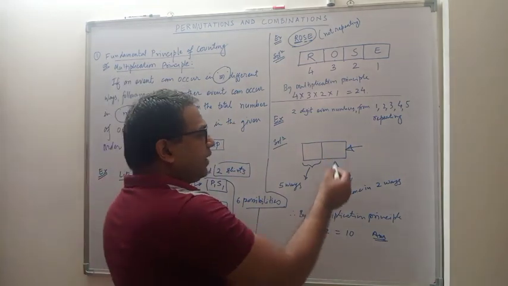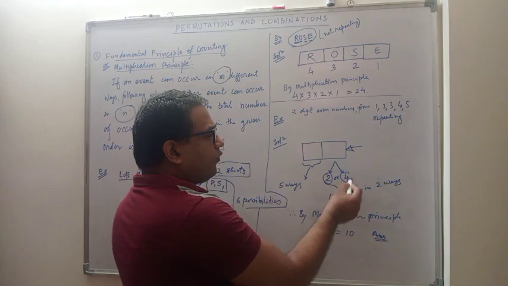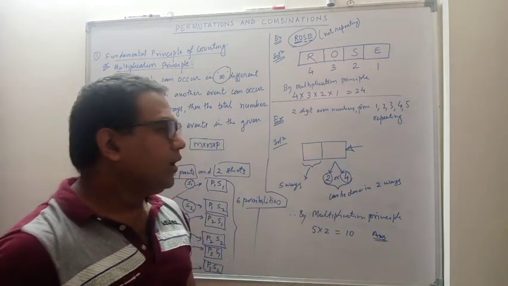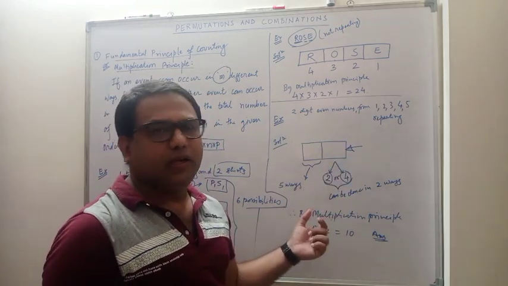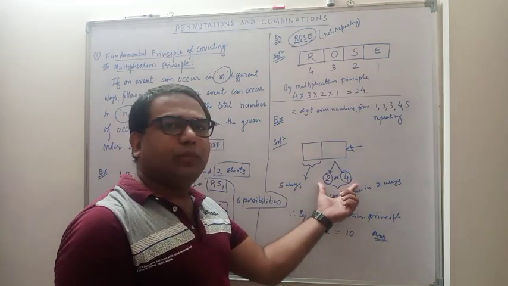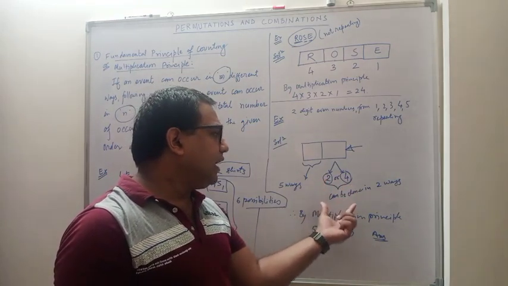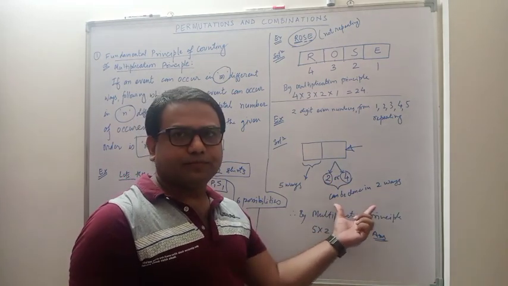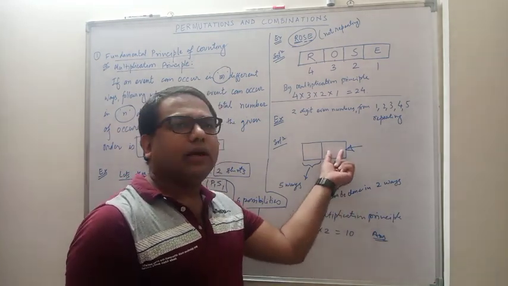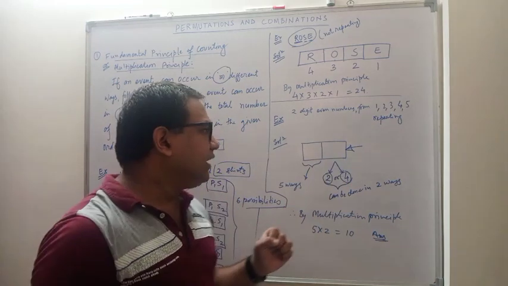That is mandatory to make this number even. So the unit place can be filled in two ways: either 2 can be here or 4 can be here, that is fixed.